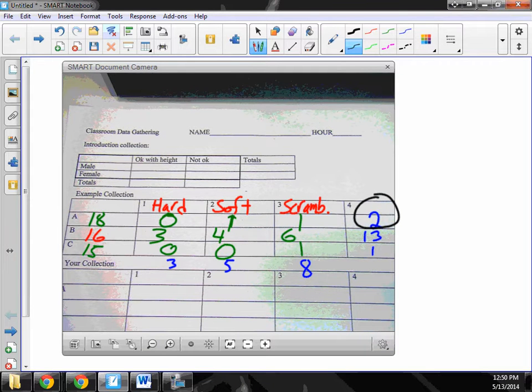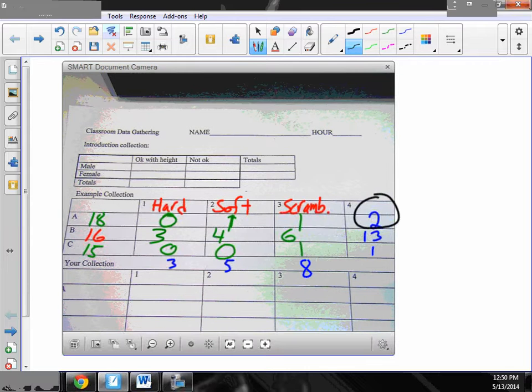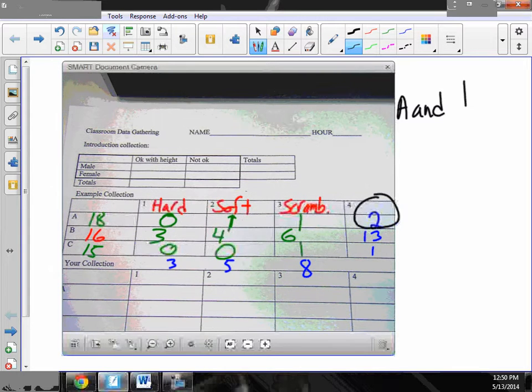Which is how many people are hard fried egg people? 1. So let's skip to A and 1. So we're looking at A and 1. 0. It didn't happen. Nobody fit that category. All right? A and 2.